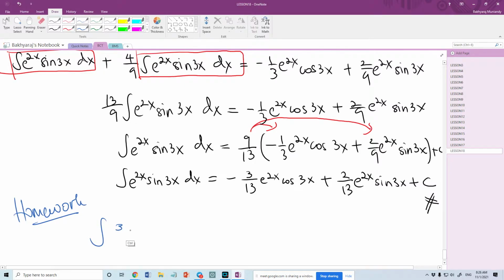This time I give you a constant to make it even more complicated. 3 exponent 5x, since I gave you sine before, this time I give you cos. So exponent 5x cos 4x dx. Try this.